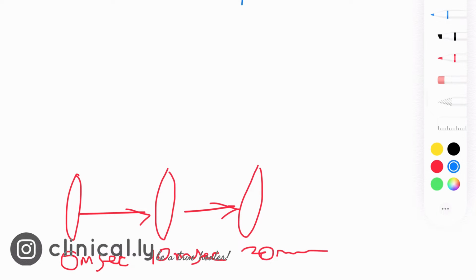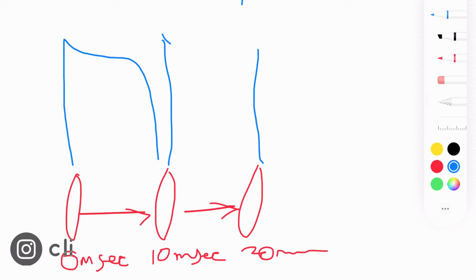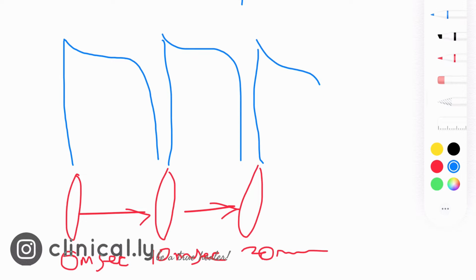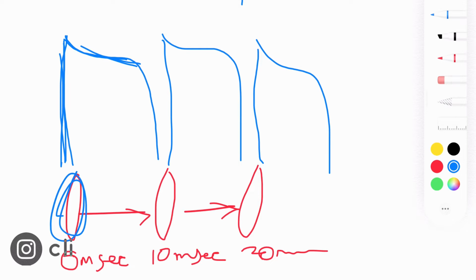So at 0, the activation goes up like this. At 10, the activation goes here. So all of them are in their plateau phase like this. Irrespective of anything else, once this cardiomyocyte gets activated, the depolarization happens, the plateau phase will come, and the repolarization phase will occur.